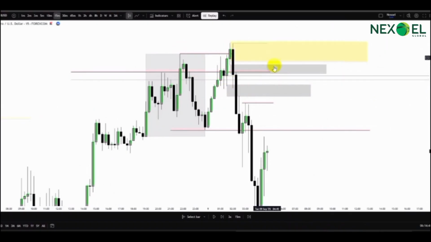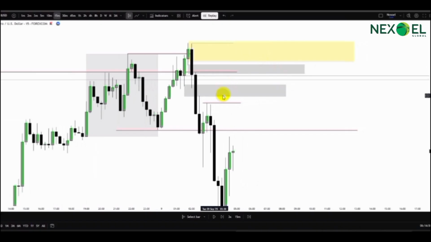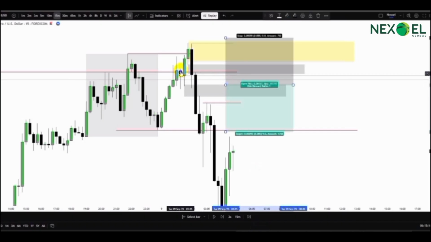I had my entry at the fair value gap zone here, which is in confluence with the one in the 5 minutes, the 30 minutes, and the 1 hour. So the short was just at the tip of this fair value gap, because we have a breaker which price may push for to tap the volume.